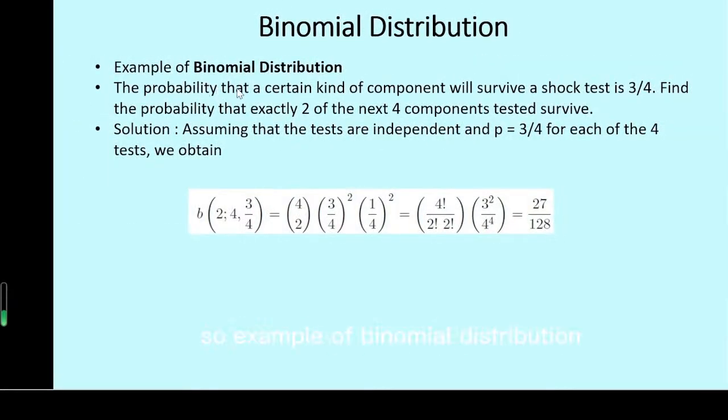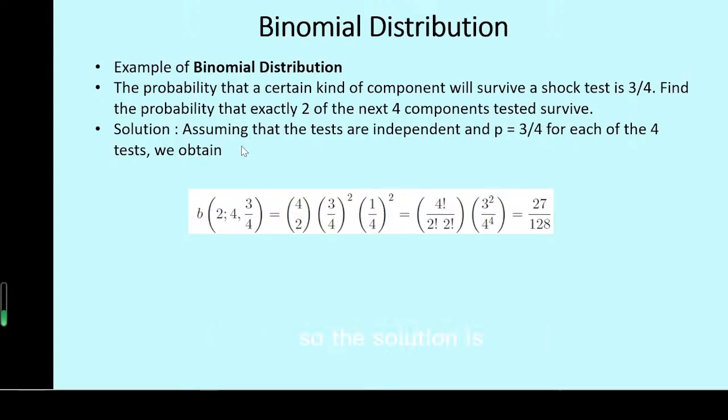So here is an example of the binomial distribution. The probability that a certain kind of component will survive a shock test is 3/4. Find the probability that exactly 2 of the next 4 components tested survive.